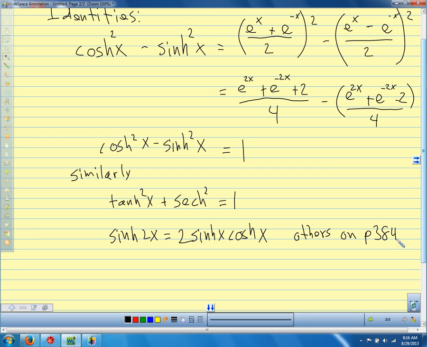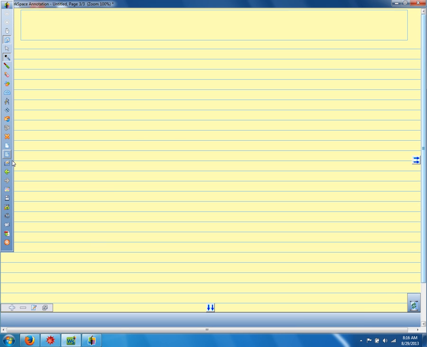We can also go from the definition and find, because we have these nice exponential functions, we can find the derivatives. So we're in calculus, we want to find derivatives. So if we start from the definition, we take the derivative of our definitions and we can come up with the derivatives of our hyperbolic functions. So let's look at a couple of those.